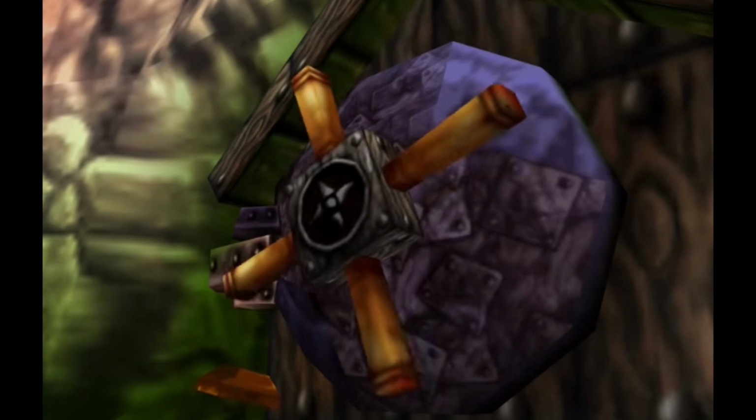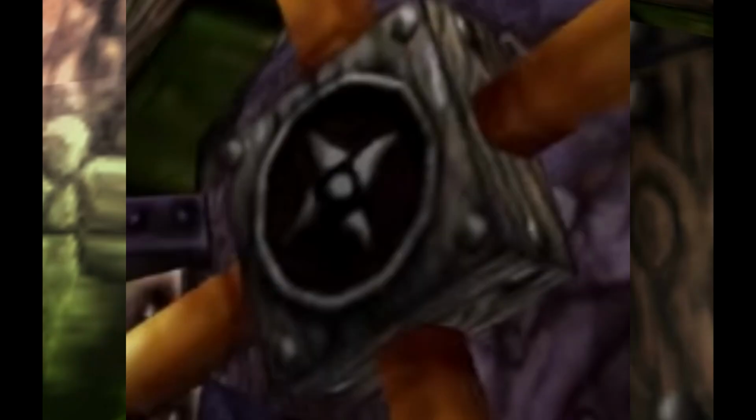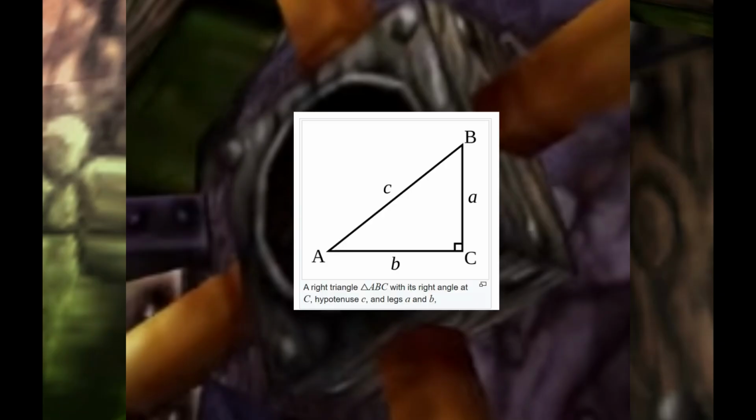This may be a silly little detail, but it seems to me as if the triangles are more slanted on one side than the other. They're almost like 90-degree triangles, but not quite.